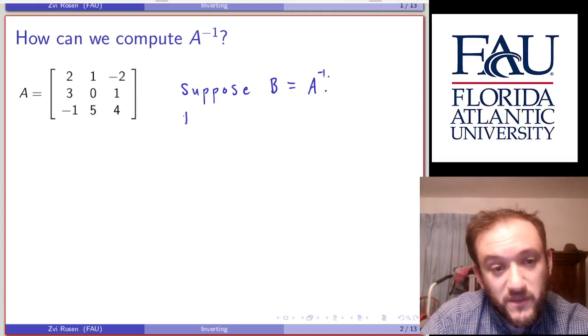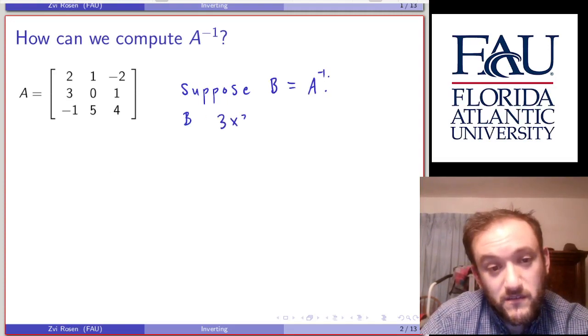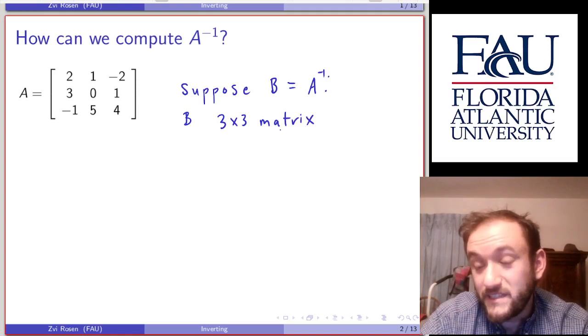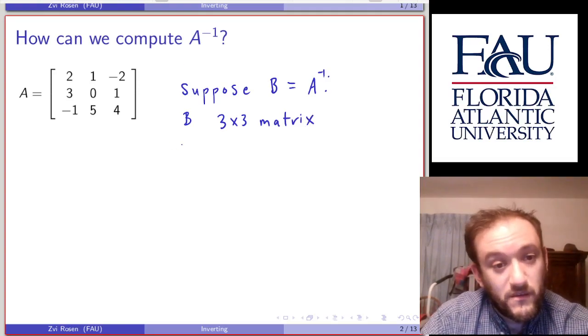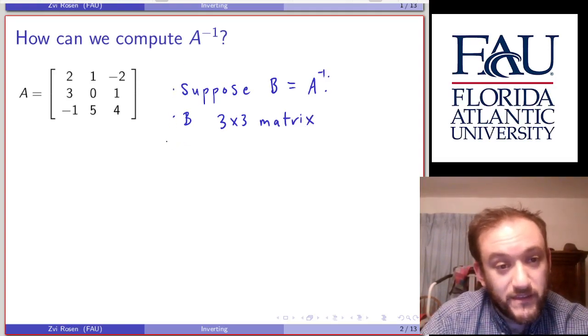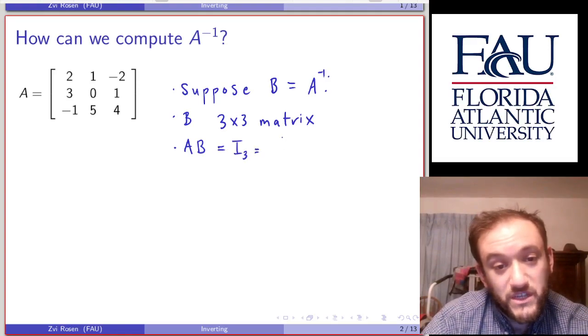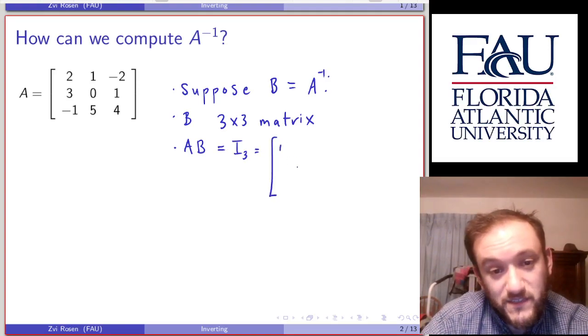So I know it's going to be a 3 by 3 matrix because it has to multiply by A to give the 3 by 3 identity matrix. Okay, and it will satisfy that equation. So I know that A times B is going to be equal to I3, which is the matrix that has 1s on the diagonal and 0s everywhere else.